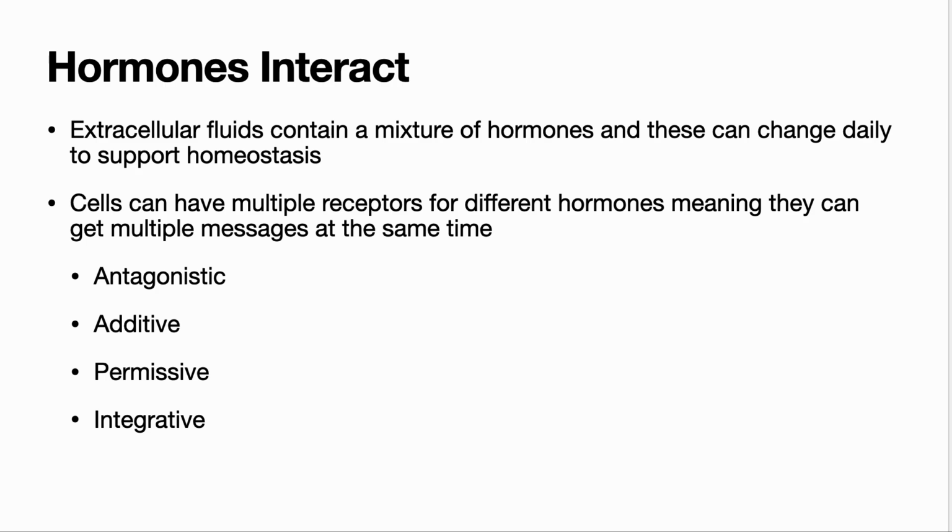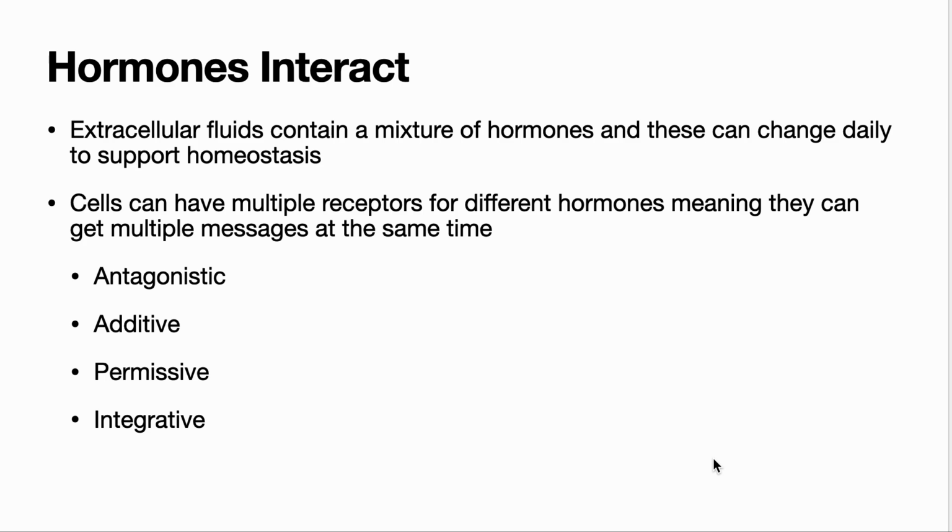This is where one negatively affects or shuts down the impact of the other. One example would be insulin and glucagon, right? Because insulin is going to decrease blood sugar levels while glucagon will increase blood sugar levels.